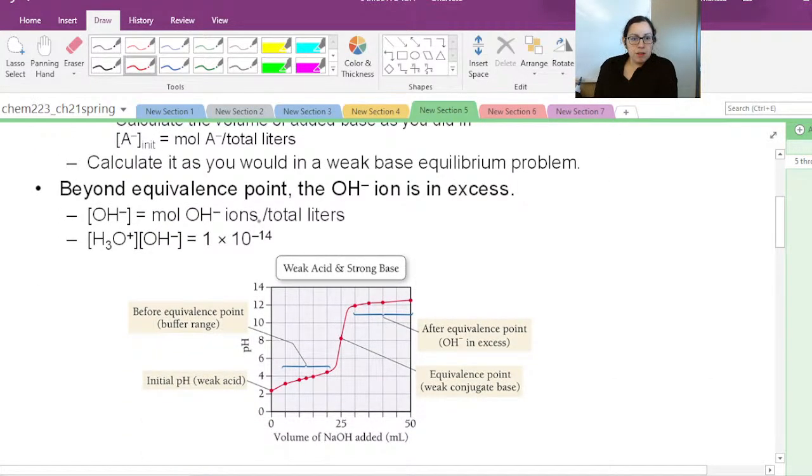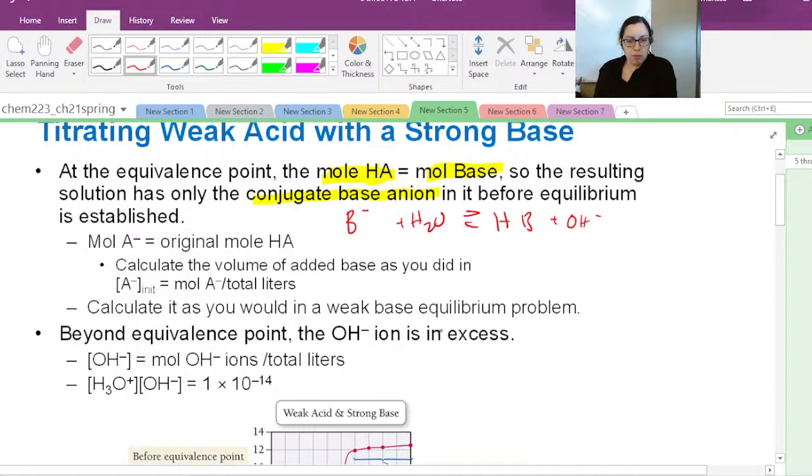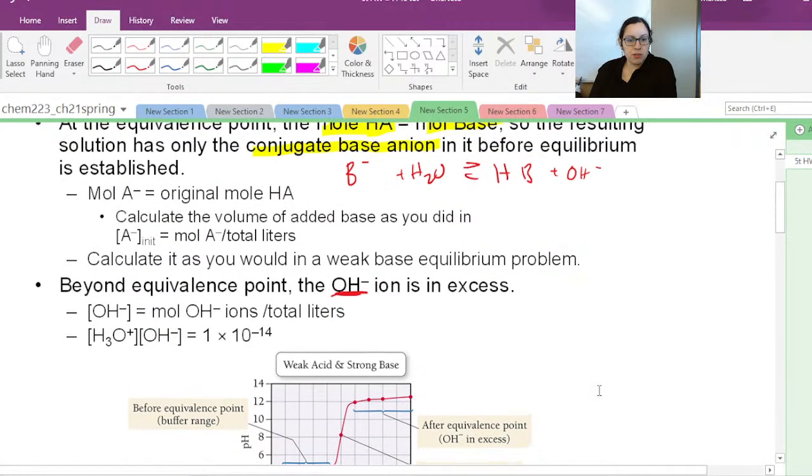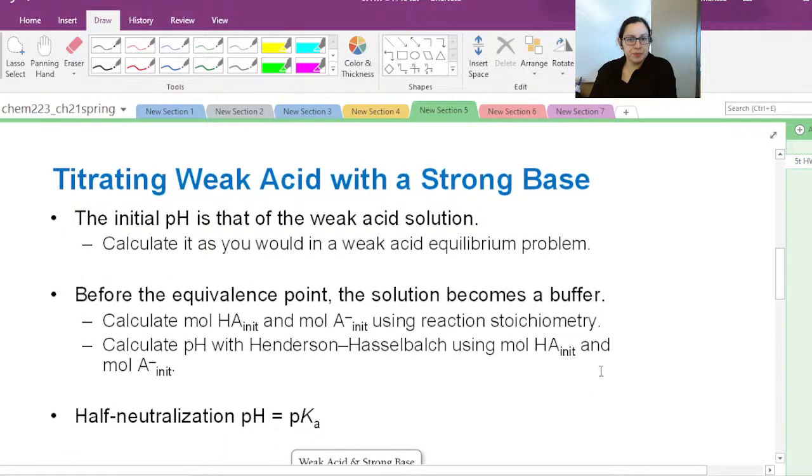And then beyond the equivalence point, which is again what you're doing in your titration, then you're just treating it like a pOH problem, right? So then you're just doing the neutralization, figure out how much hydroxide you have left over in excess, and then it's pOH, essentially.